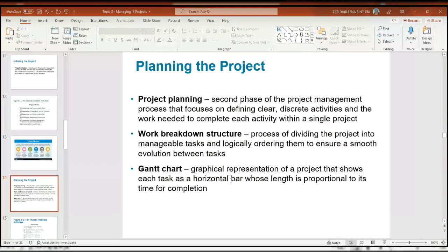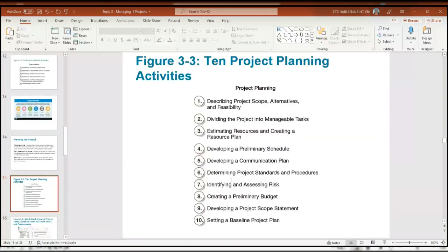Alright, so dalam project planning ni kita ada 10 activities. Tadi kita ada 6 activities for project initiation. Now we have 10 activities. So the first one, describing the project scope, alternatives and feasibility. Feasibilities ni feasible, boleh buat ke tidak.